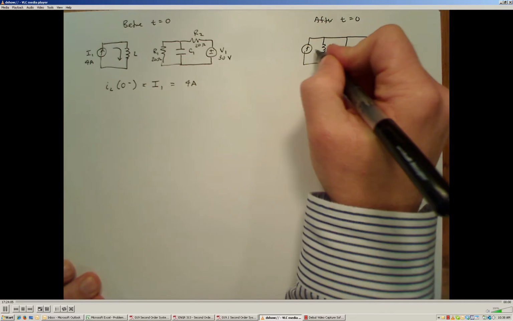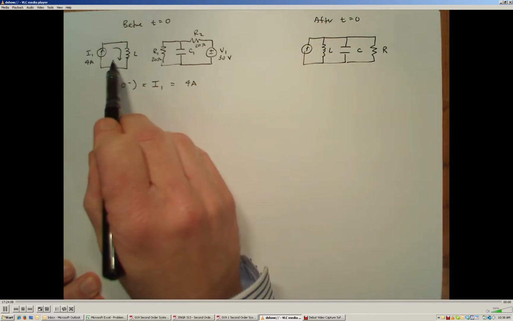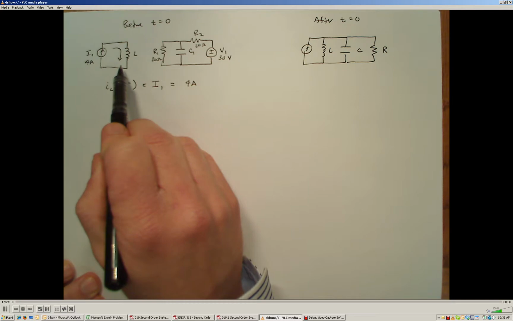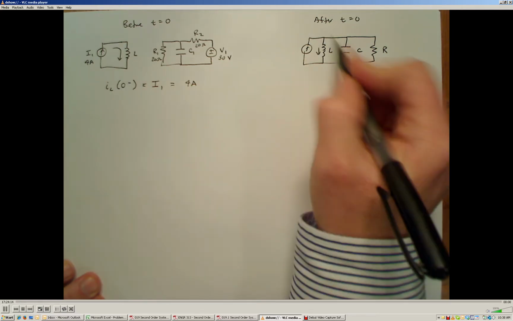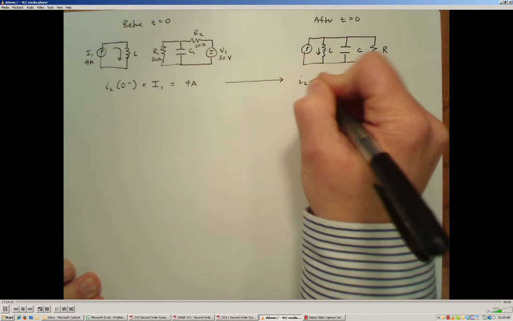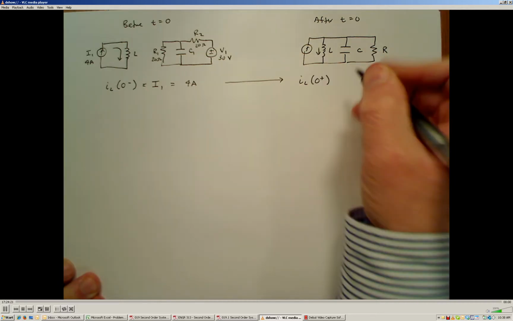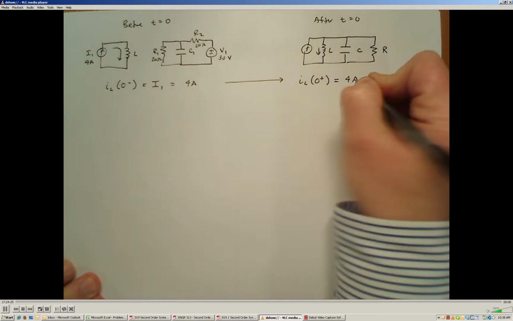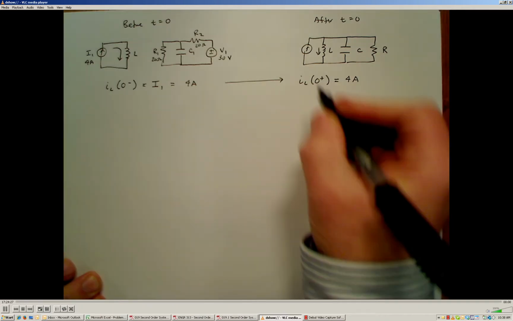So if there's 4 amps through the inductor before time 0, then right after the switches change position and we form this new circuit, the current through the inductor at time 0 plus must also equal 4 amps. That provides us with our initial condition.